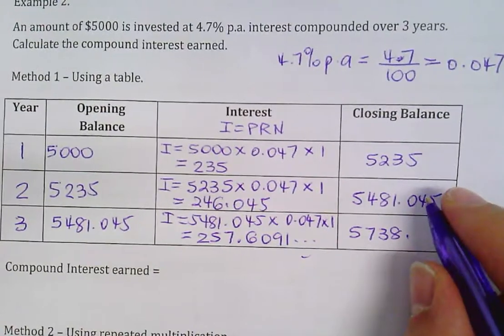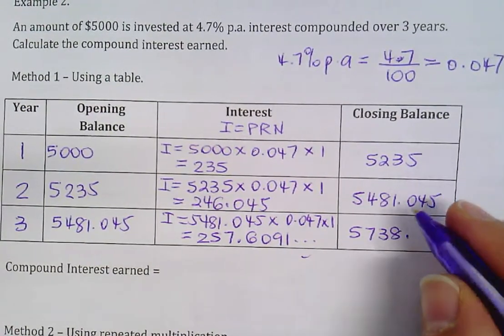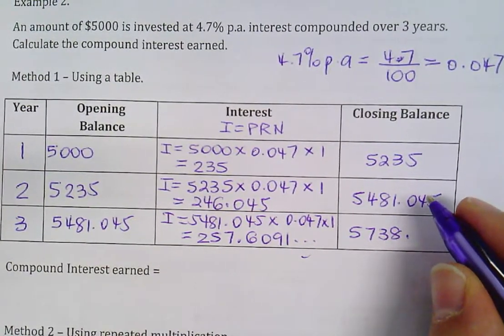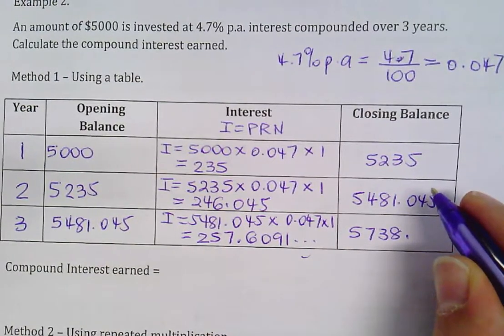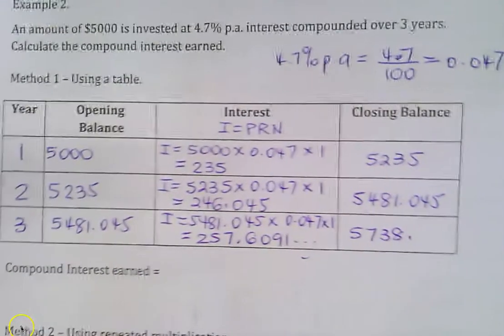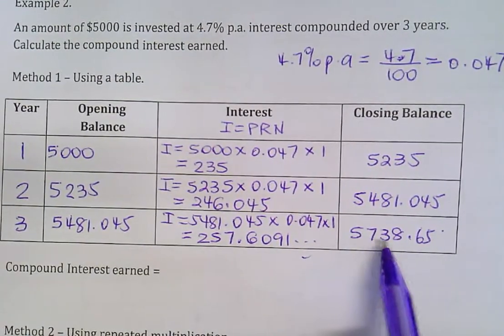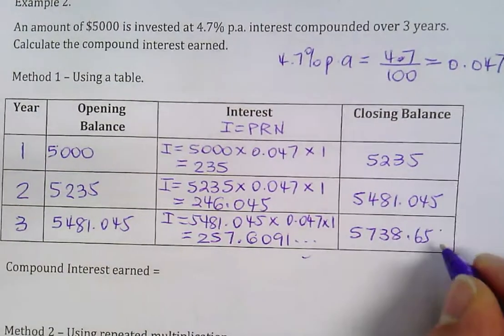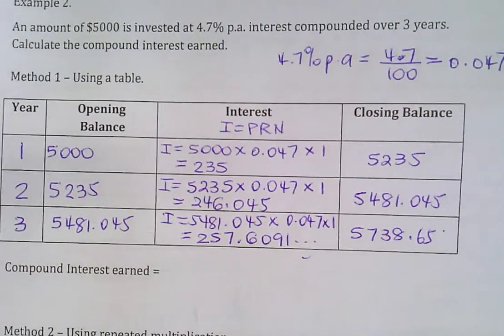5,738.65411. That would round to 5,738.65. I'm finished now, so I'm going to round it to 2 decimal places.